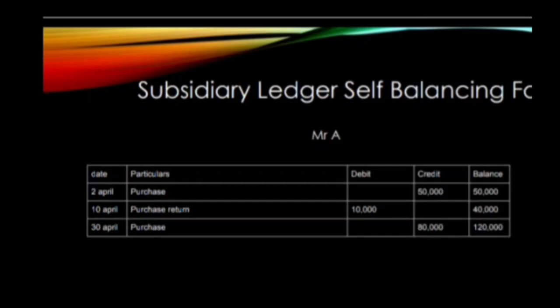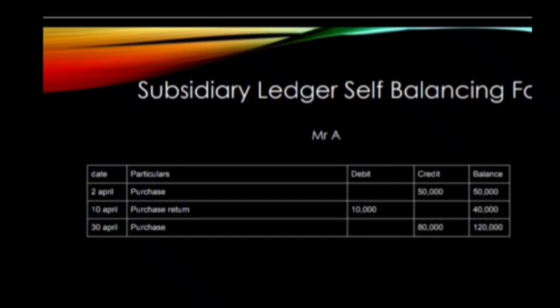Subsidiary ledger, self-balancing form of creditors. Now for example, we have a creditor, Mr. A, and the goods purchased from Mr. A are 50,000. Then we made a purchase return to Mr. A of 10,000, and then the balance shall be 40,000, 50 minus 10. Then purchased again of 80,000.